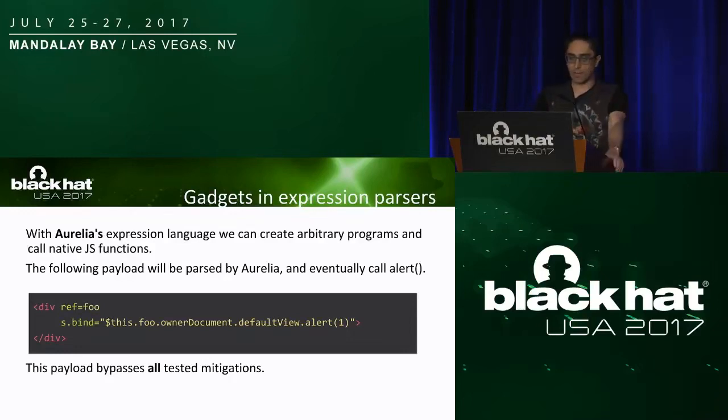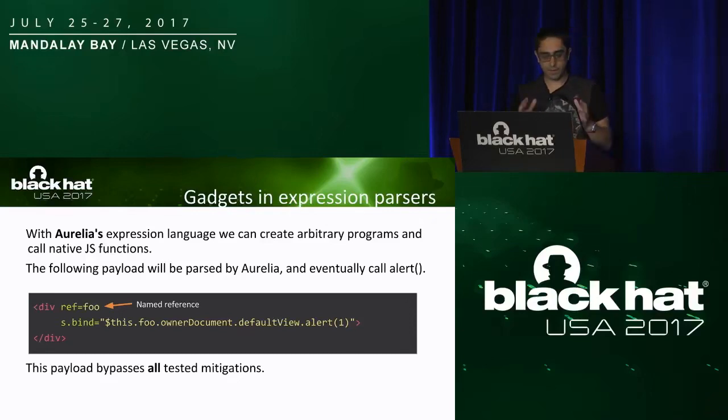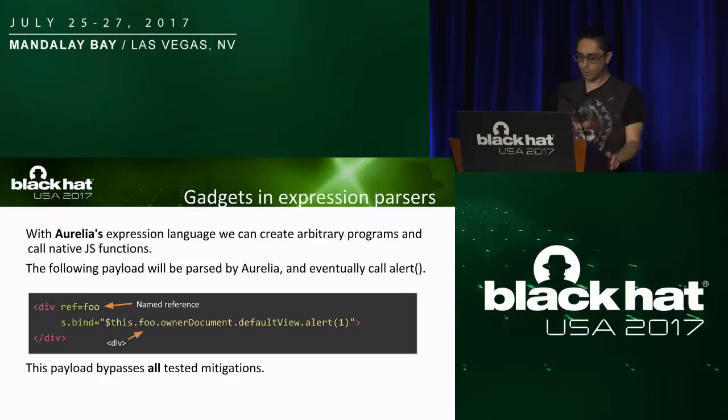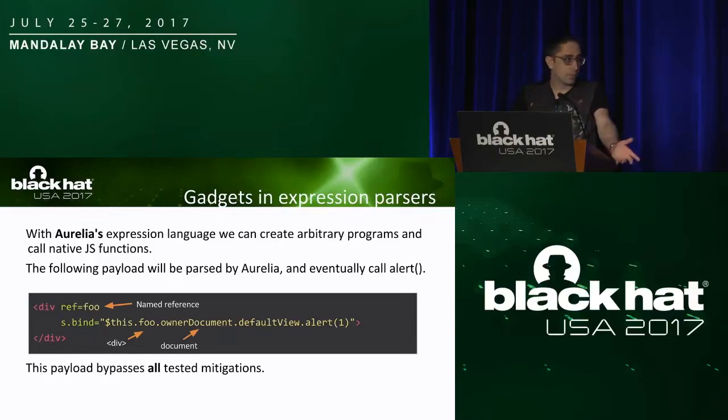Let's see what's happening. First of all, we create a named reference to this div element. We name it simply foo, such that we can refer to it later on. Then you can observe that we try to bind to something. This means that we instruct Aurelia to pass the value of this attribute as this custom expression. So we get the reference to this div element, then we check the ownerDocument property, which happens to be the document object.